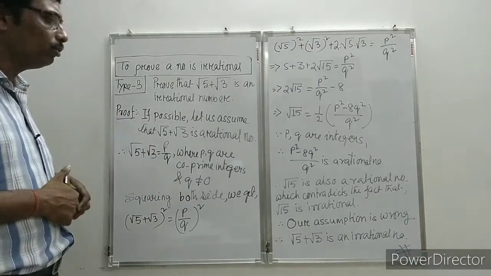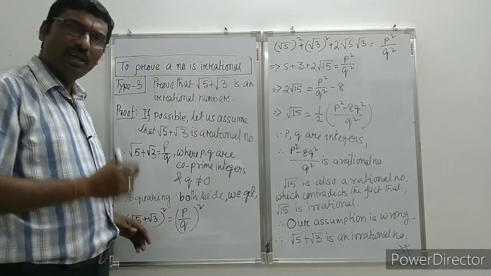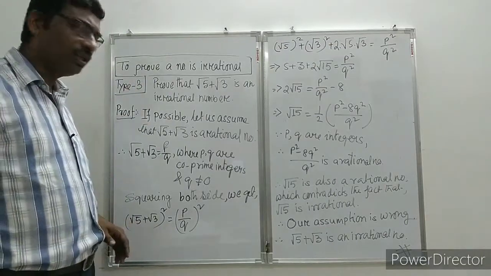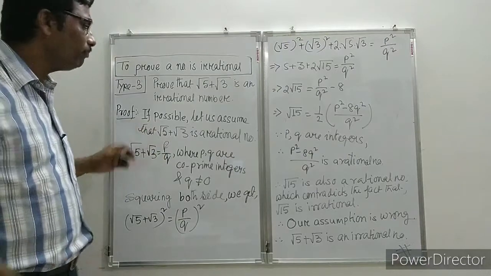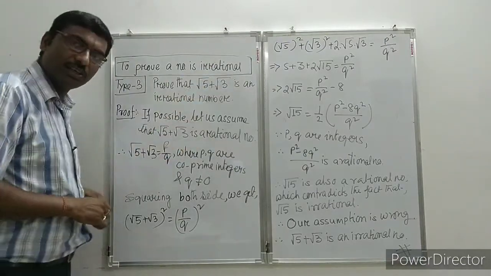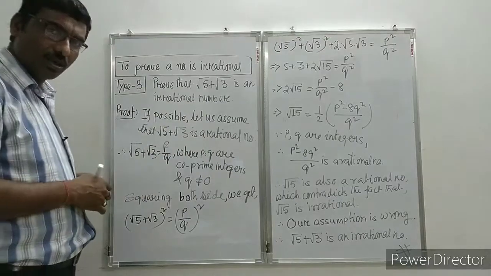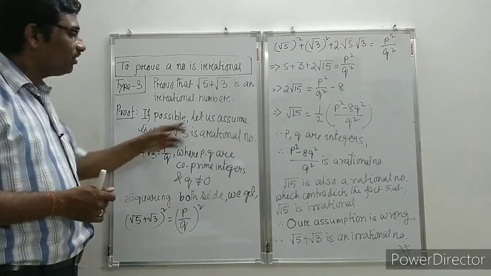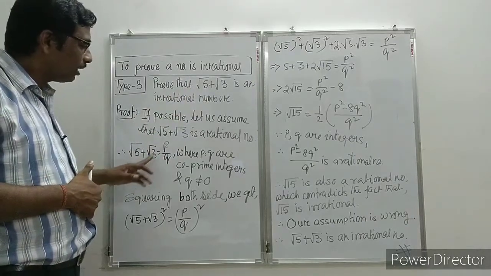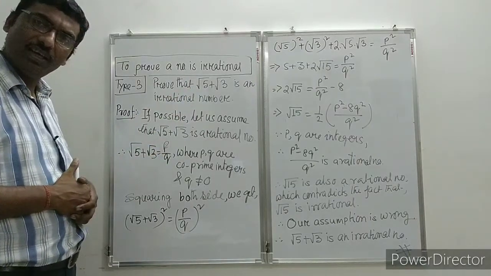So here what we will do, the process is the same, a little bit the steps will increase. See, first of all, the first part is the same. If possible, let us assume that it is a rational number. That means we will do by contradiction method. So if root 5 plus root 3 is rational, it can be expressed in p by q form.